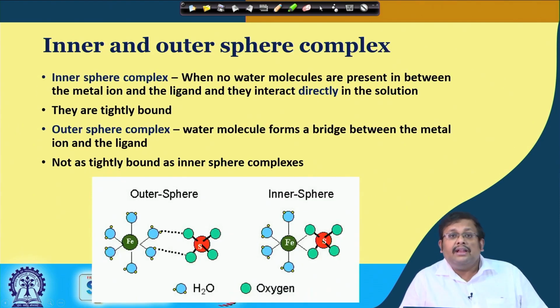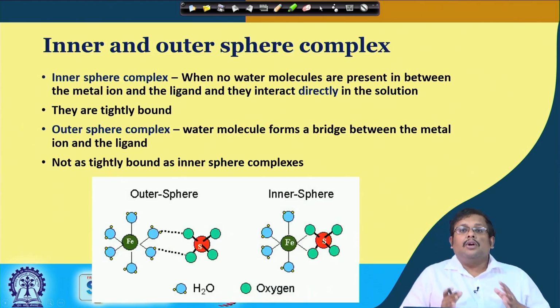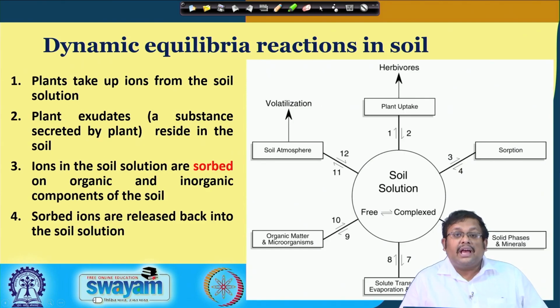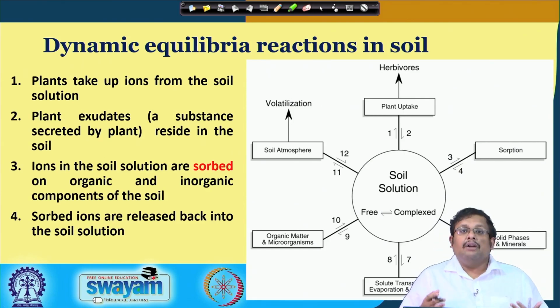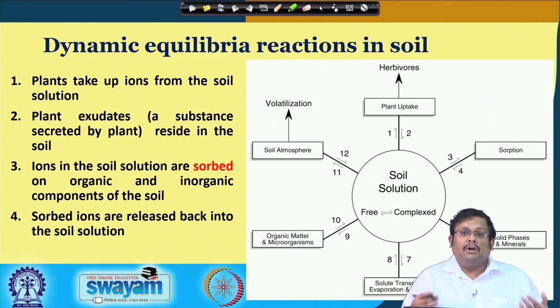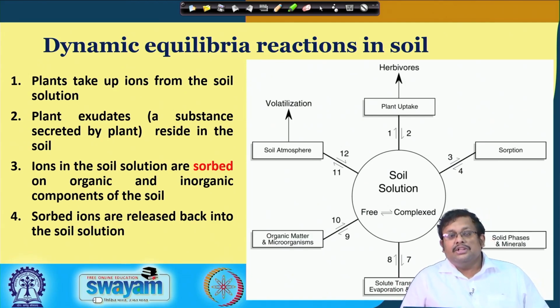And so just to give you a quick recap of whatever we have covered so far, we have discussed about the soil solution, and we have talked briefly about the inner and outer sphere complexes, and then we have discussed about the dynamic equilibria reaction in soil, and in other words how the free ions as well as the complex forms of ions can move from soil solution to different pools, and when all these movements are reversible, so they also can come back to the soil solution.